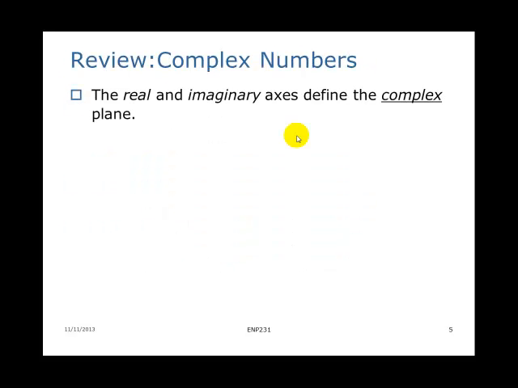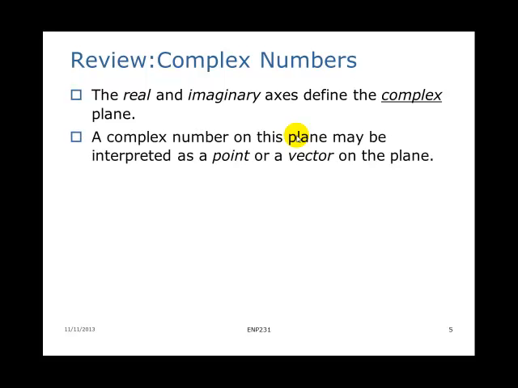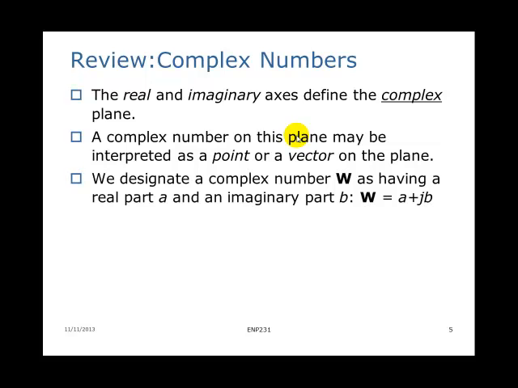So the real and imaginary axes define what we call the complex plane. A complex number on this plane may be interpreted as a point or a vector on the plane. We designate a complex number W as having a real part A and an imaginary part B. So we would write W is equal to A plus JB.